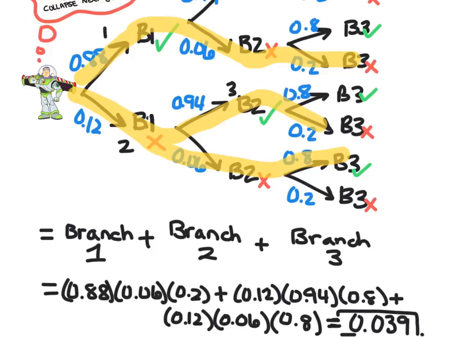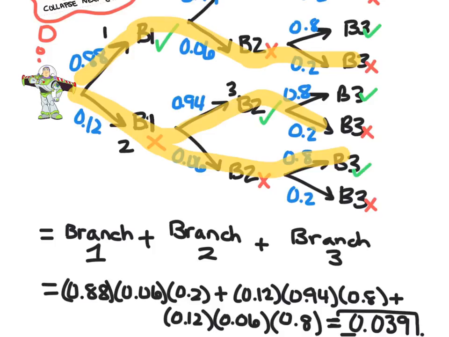And you can see when we take the sum of these branches, and for each branch, again, we're doing a product that we get by going along that branch. That's the product rule that we learned in the last section. When we take the sum of these branches, we will get 0.039. So we have about a 3.9% chance that exactly two bridges will collapse in the next year.